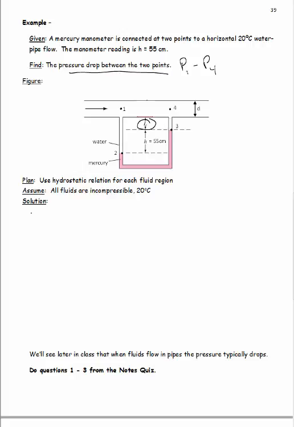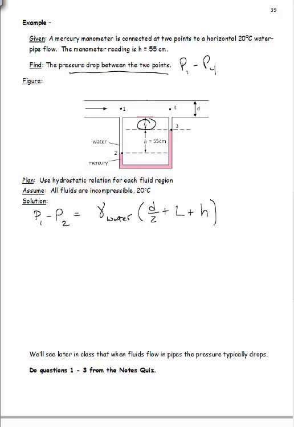So we're going to start with P1, and we're going to go to P2, and in between is water, gamma water. And this distance, well, from 1 to here is half of D over 2. From here to here then is L, and from here to here is h, which actually is given.